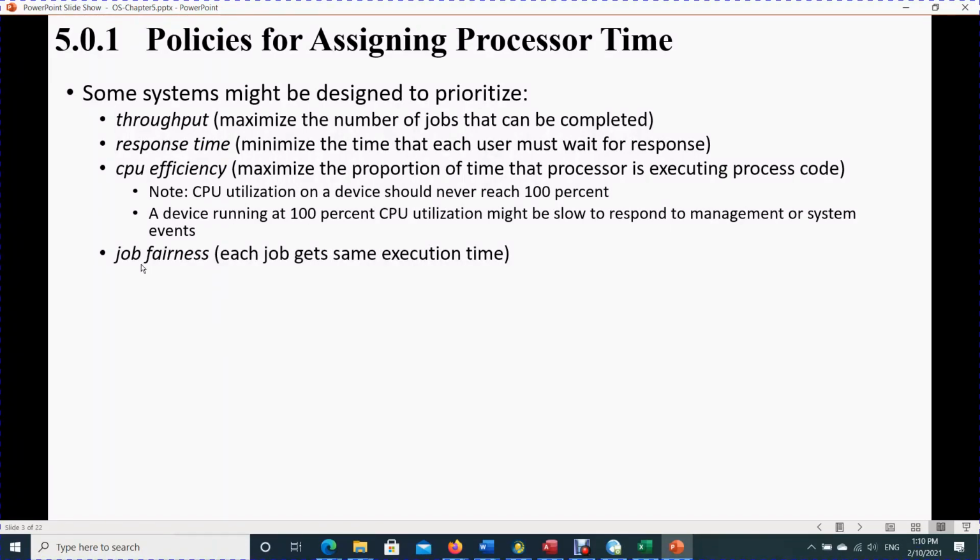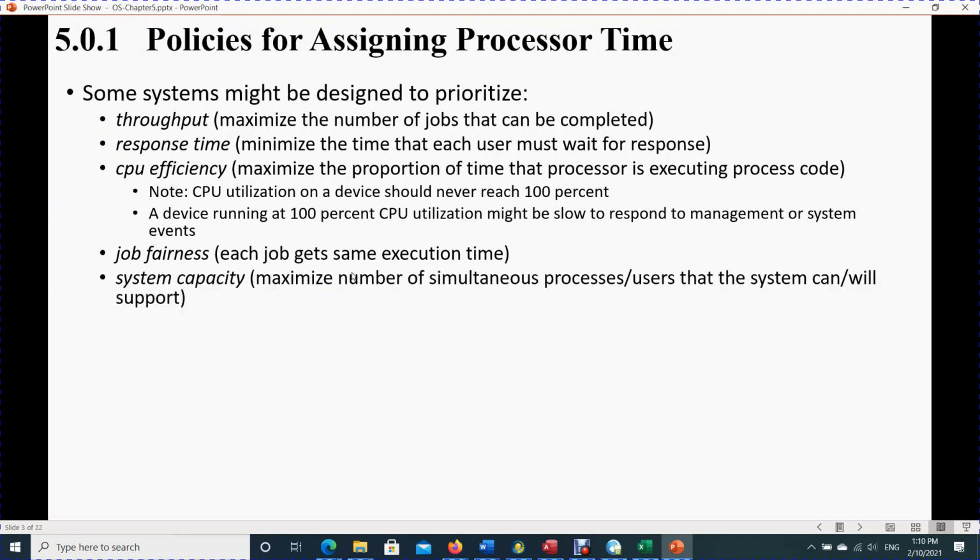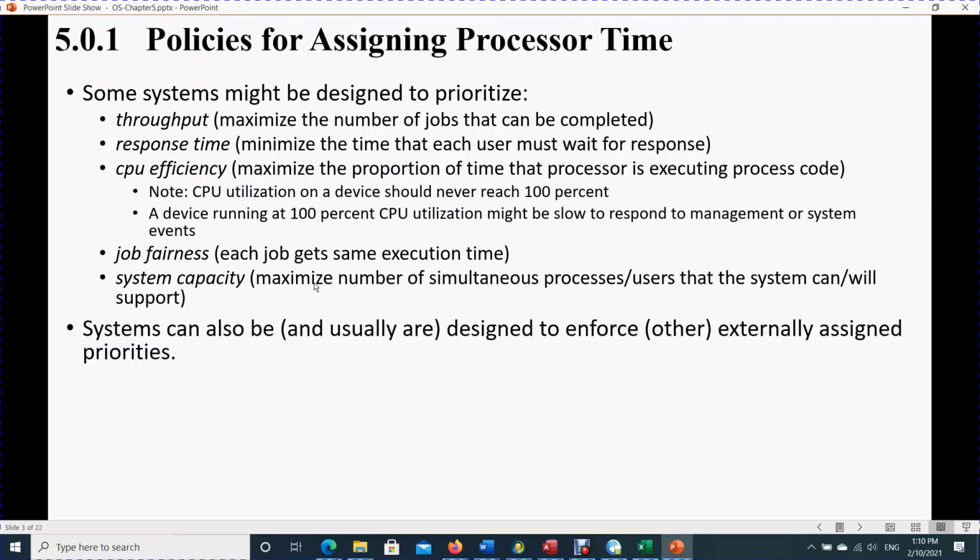Could also prioritize job fairness, trying to give each process, each job, the same amount of time. System capacity, maximizing the number of simultaneous processes, simultaneous users that the system supports.